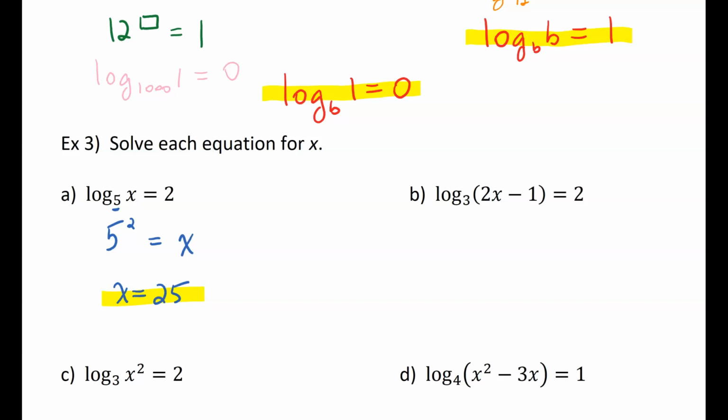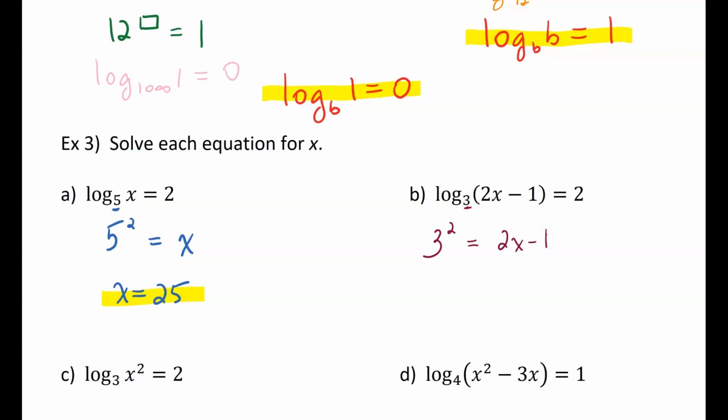All right. In our next one, log base 3 of 2x minus 1 is equal to 2. So again, I need to figure out what x is, so I'm going to undo this logarithm and put it into exponential form. I have a base of 3 on my log, so that's going to be the base on my exponent, raised to the second power, because that's what my log is equal to, and it's equal to the argument, and this time the argument is 2x minus 1.